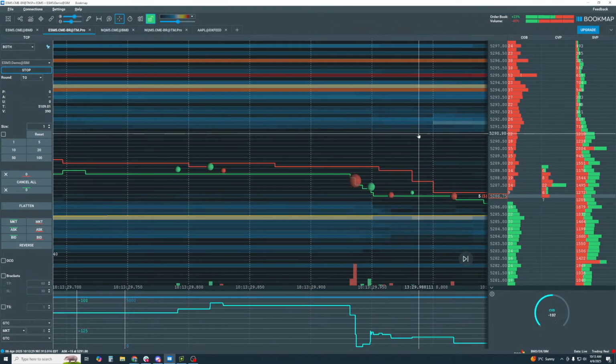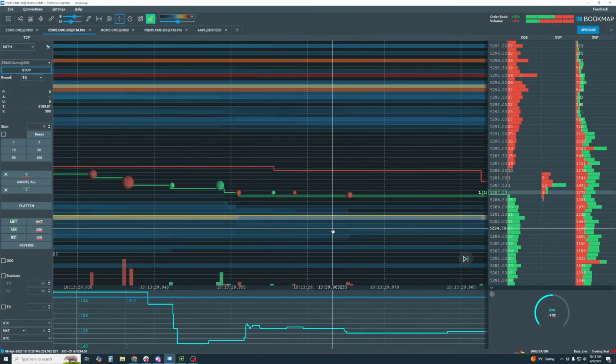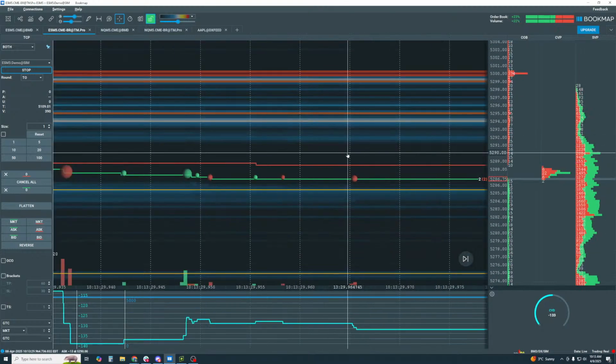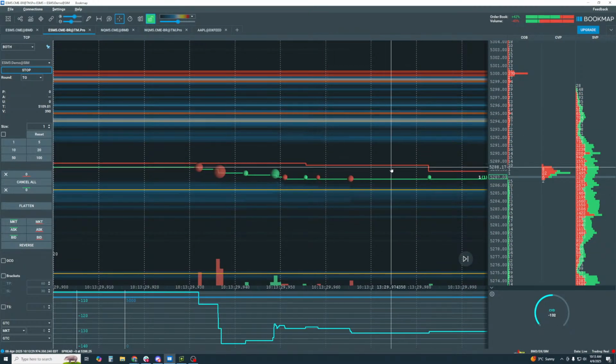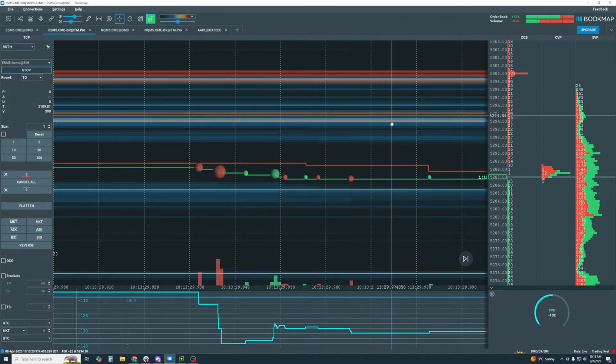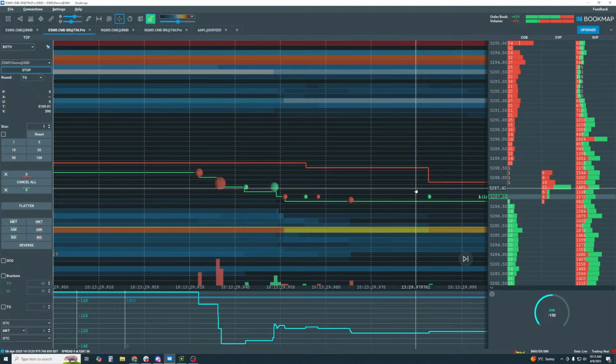So that is a big distinction between us and others out there: the heat map will update in between transactions. Okay, so it's just pure data, and it's just fact.